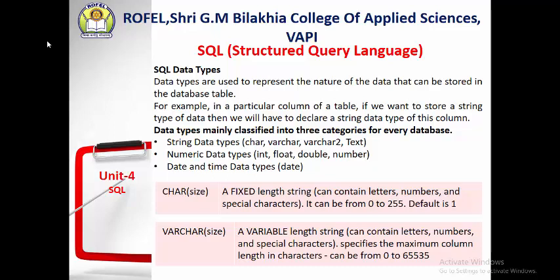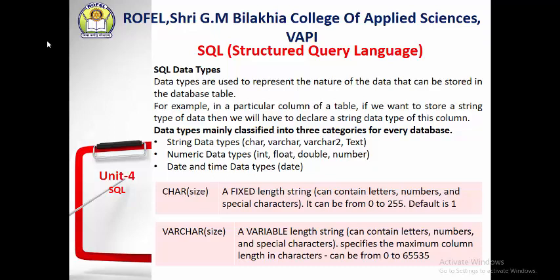There are various data types, but related to SQL, the string types include character, varchar, varchar2 and text data type. String means it contains alphabets and numerics. In numeric data types, it only supports integer, float, double and number. That is, it only supports digits.